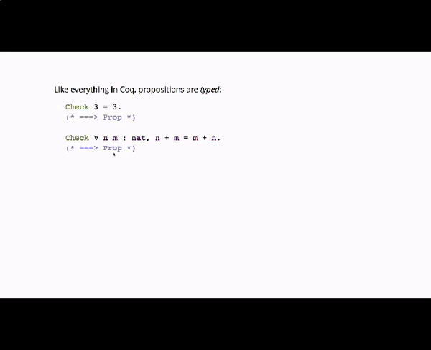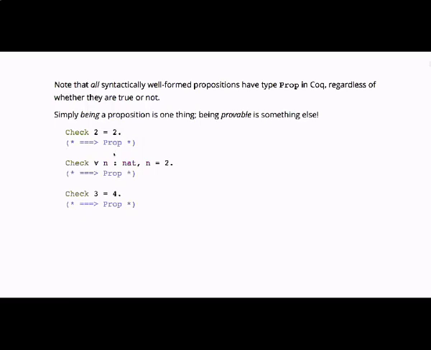So propositions can be simple, like 3 equals 3. They can be more complicated, like for all, blah, blah. But the type of each of those logical claims is just Prop. It's important to note that being a proposition and being a provable proposition are two very different things.